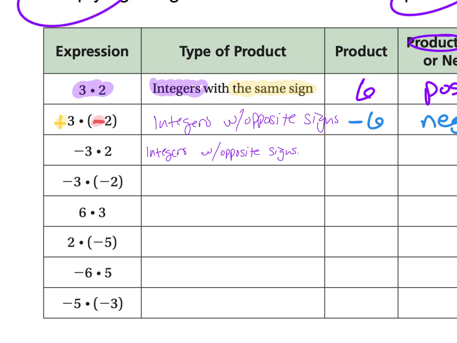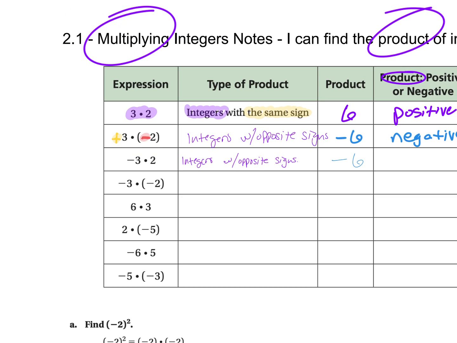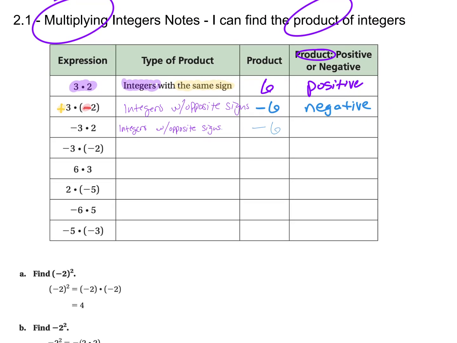Well, you could say, well, this 2 is positive, whereas that one's negative, and you could say this 3 is positive, whereas that one's negative. But that really doesn't matter that much because it's still going to produce negative 6, okay? Negative 3 times 2 is negative 6. Our result is negative, okay?